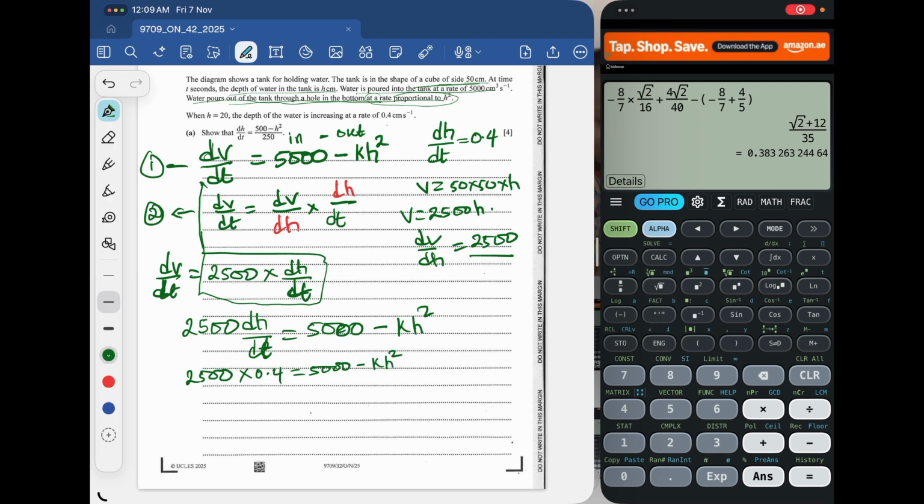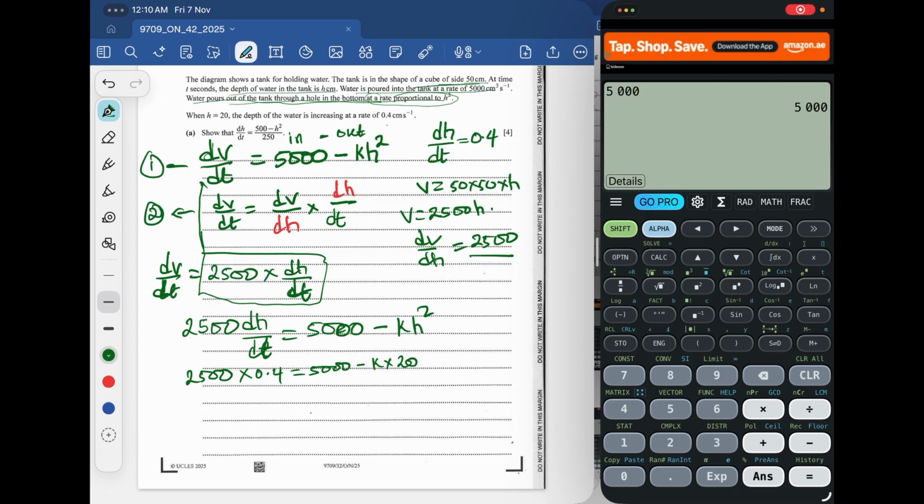My h is 20. So solve from here. I'll just do the calculation here. I don't know why they didn't give more space for this. Anyway, I'm just explaining that there would have been an easier way.